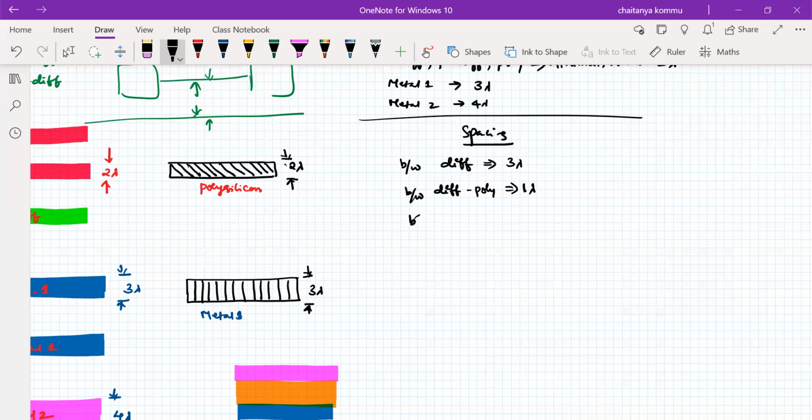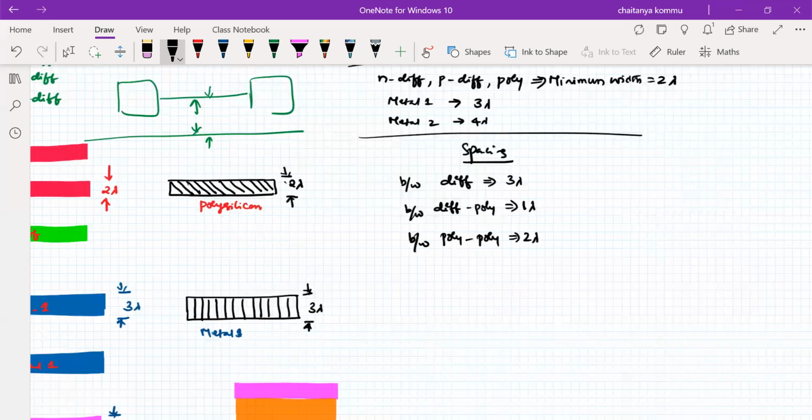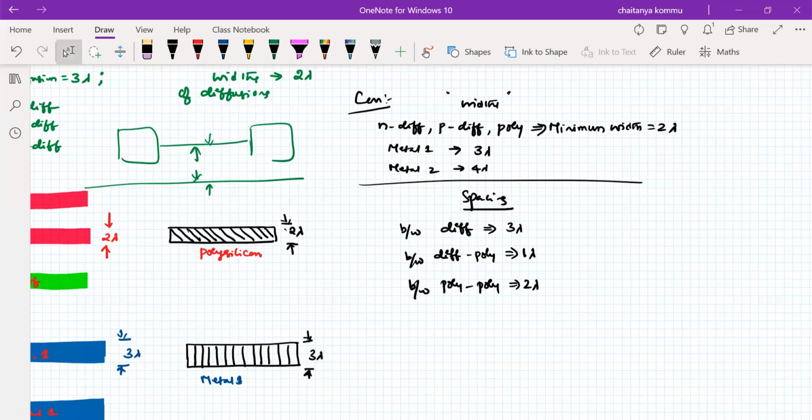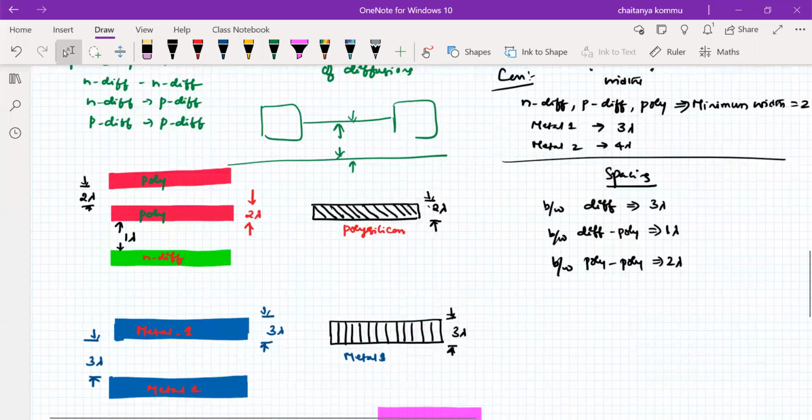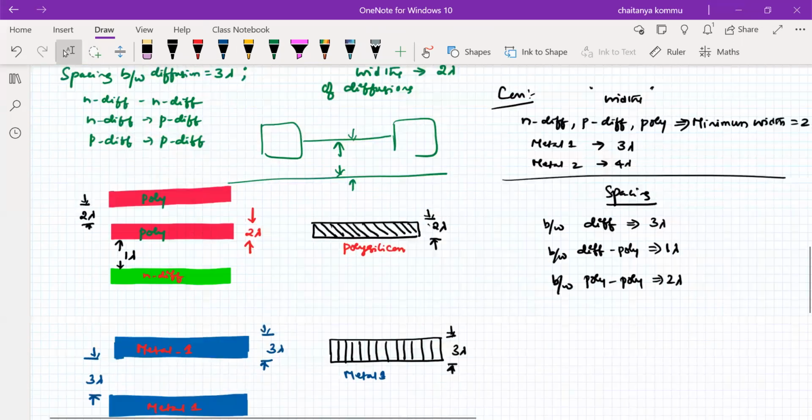And between poly to poly, it's very important, we have to maintain 2 lambda. So that's it for the widths. These are the design rules that we have to follow. Okay. Hope you understand this concept.